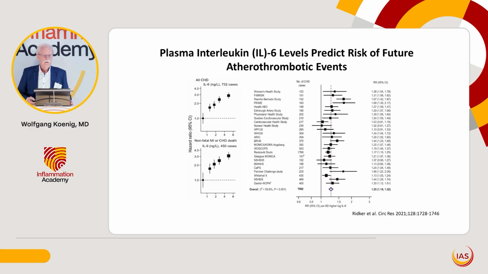Now, I mentioned already that in the context of our discussion here, IL-6 is of particular importance, and there are already data from population-based studies, but also in patients with atherosclerosis, and that complements the data that have been gathered for C-reactive protein.